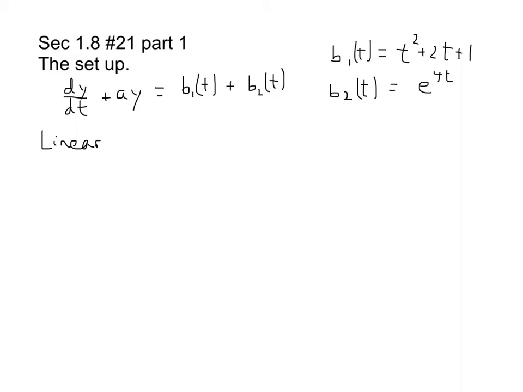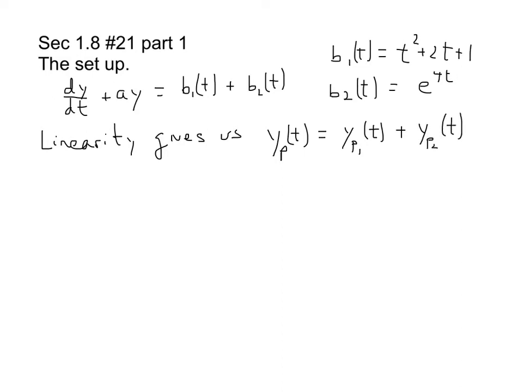So linearity gives us that the particular solution that we're going to use can be just a sum of two specific ones, one that will solve the problem when b1 is the right-hand side, and the other will solve the problem when b2 is the right-hand side. So let me show you what I mean.